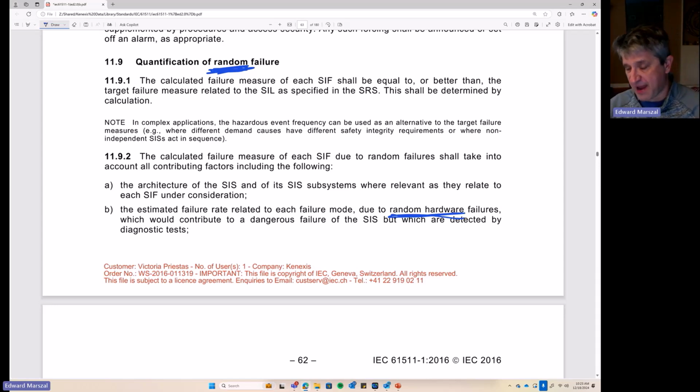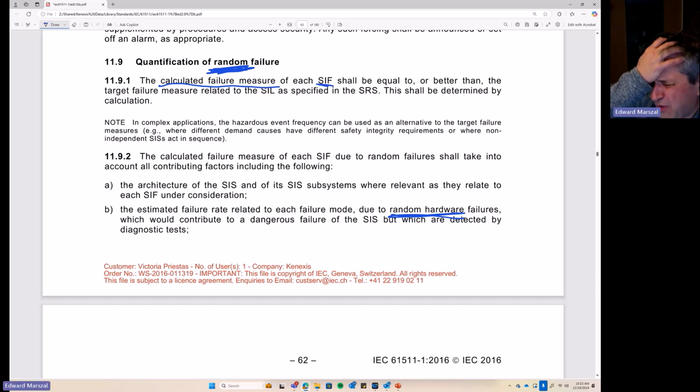Now I'm going to dive back down into some of the subtleties. Right out of the gate, SIL verification is about quantification of random hardware failures. It says so right in the title of 11.9. Okay, 11.9.1 starts out by saying the calculated failure measure of each SIF.